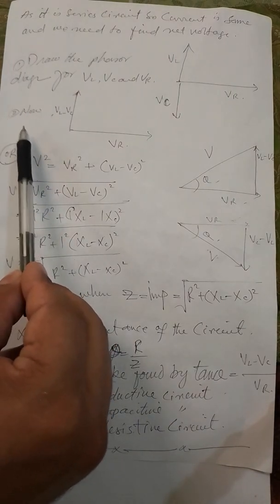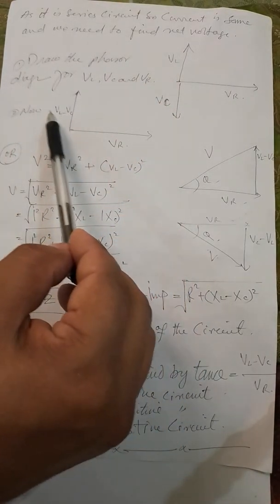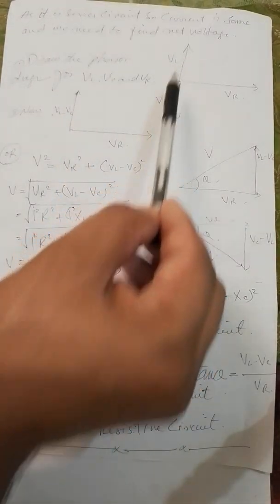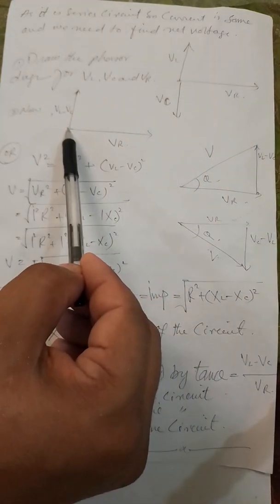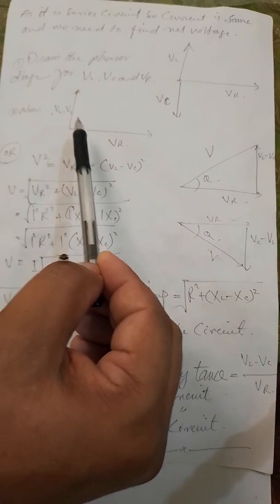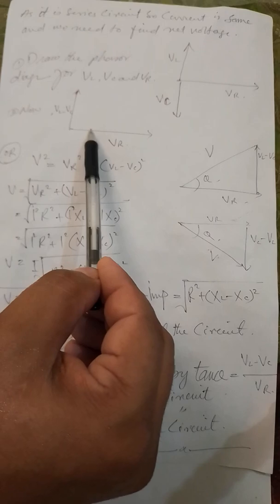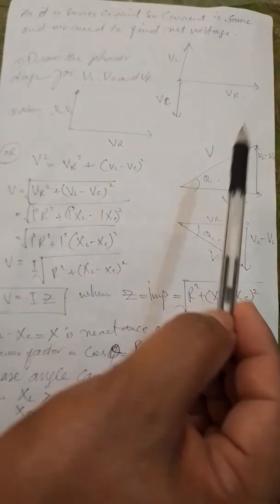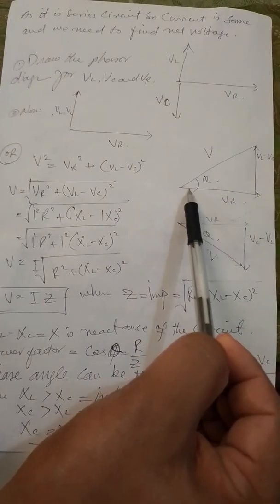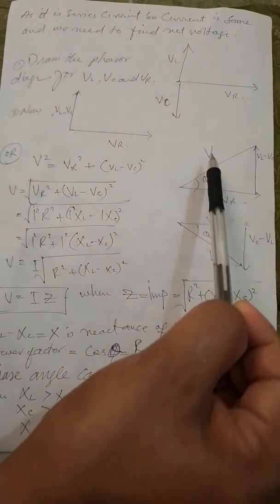So we can have the net voltage of VL and VC. Let us take it as VL minus VC. It is the net voltage of these two vectors and VR is in its own place. Again, from the head to tail rule, we can take this vector VL minus VC and put it at the tail of VR, and by the head to tail rule, we can find the net voltage of VR and VL minus VC. This is the net voltage V.